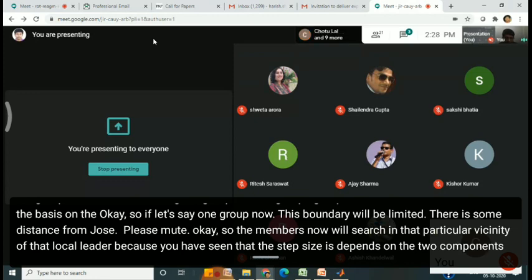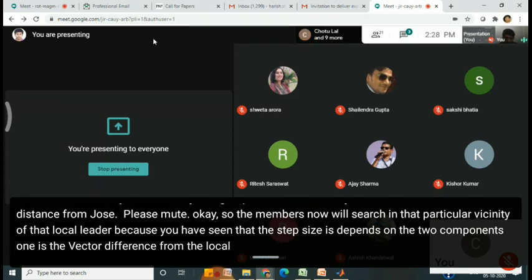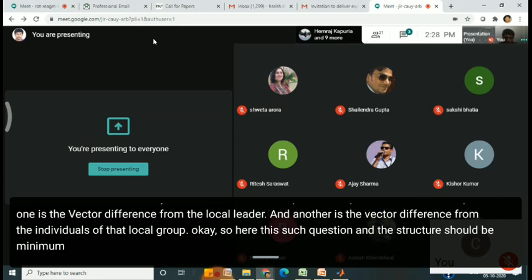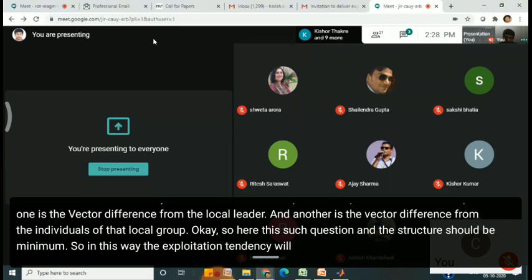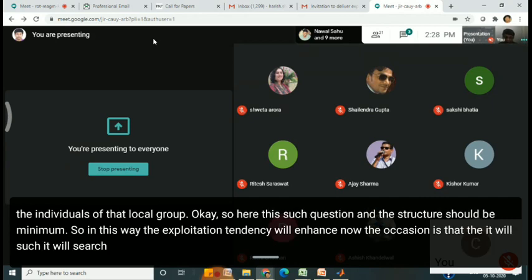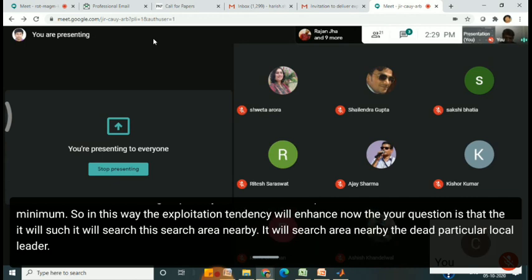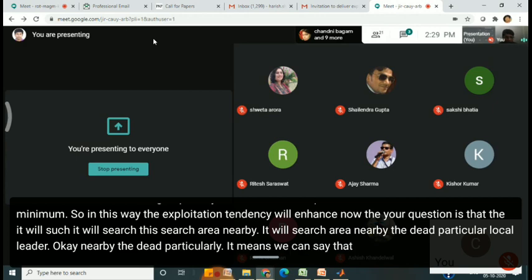One is the difference from the local leader, and another is the vector difference from the individuals of that local group. So here the step size should be minimum. In this way, the exploitation tendency will enhance. Your question is whether it will search the area nearby that particular local leader. It means we can say that there should not be a very large step size.